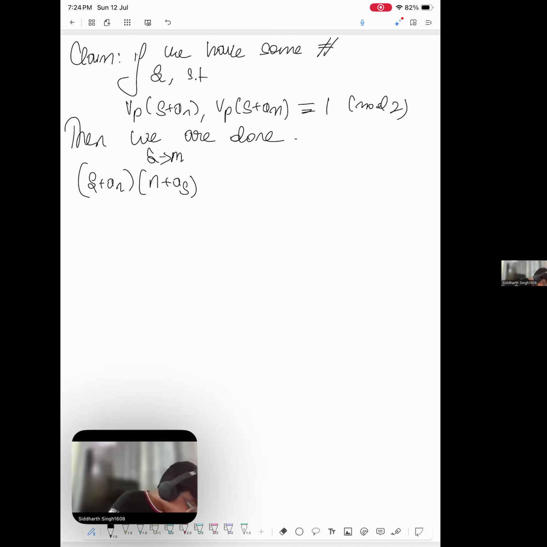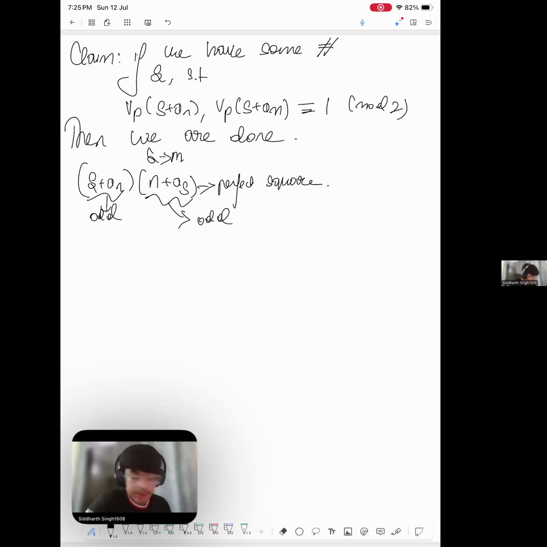And since this is a perfect square, and the VP of this is odd, the VP of this would also be odd, because odd plus odd can only give even, and odd plus even cannot give you even numbers, unless of course.